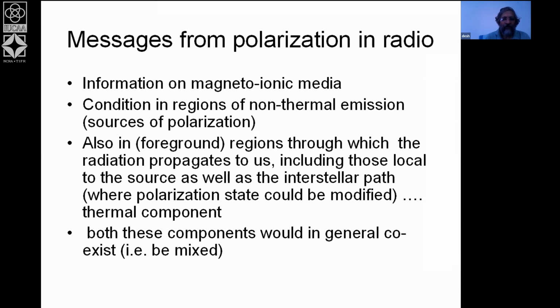And so it brings us information about the region in between as well. In general, there could be regions where thermal and non-thermal components might exist, where we might have emission produced by the non-thermal component and its polarization property modified by the thermal plasma through which the radiation propagates.